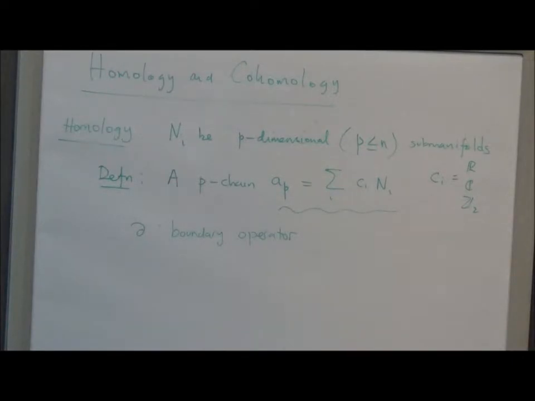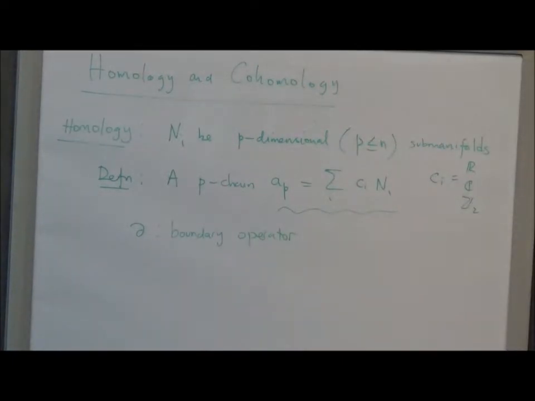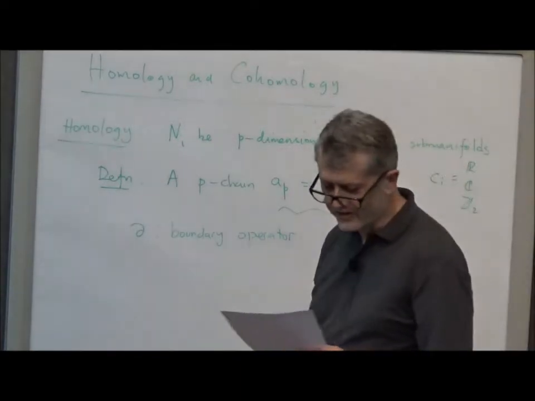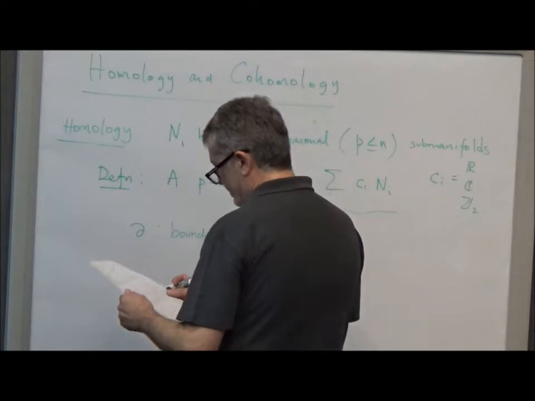Okay, so take this as a virtual object for the moment. Just go with me and you'll see what happens. You can think of this as just a set of objects, right? Manifolds with coefficients attached.